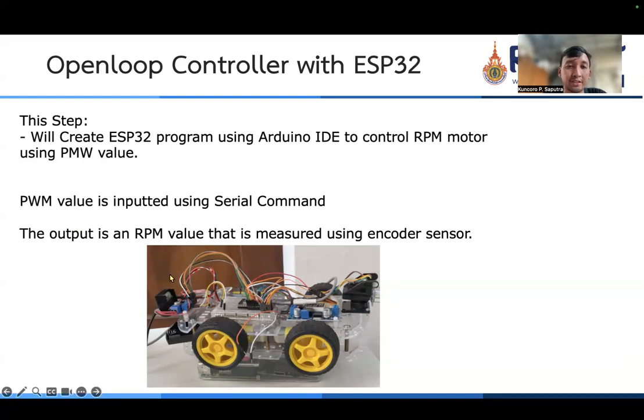As the output, we can see the RPM value measured using the encoder sensor. For this experiment, I use a RoboCar kit like this one, and I want to control the rotation speed of this RoboCar.